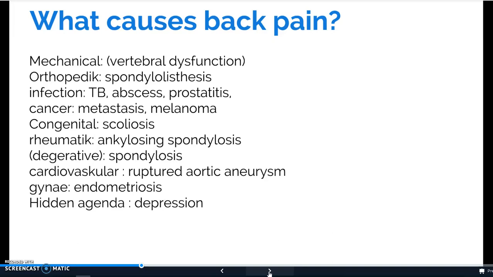We also have to think about, could it be infection that causes back pain, such as TB, abscesses, or urogenital problems, prostatitis. It can also be cancer, such as metastasis. It can be a congenital problem, scoliosis. It can be cardiovascular, such as ruptured aortic aneurysm. It could also be a gynae problem, such as endometriosis. It can also be a hidden agenda, such as depression.